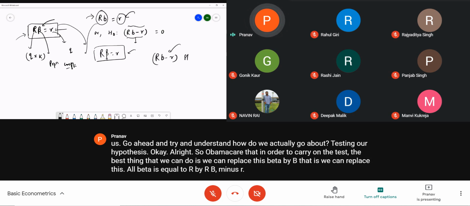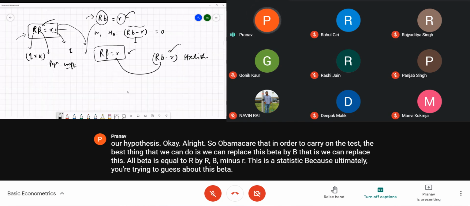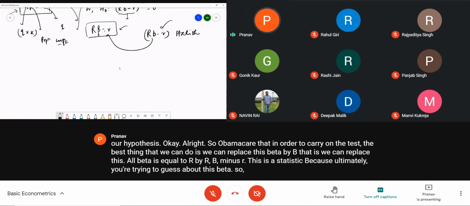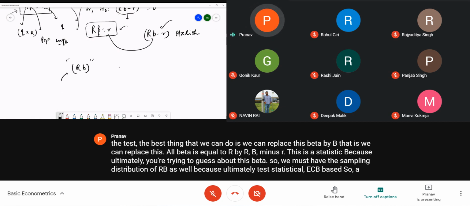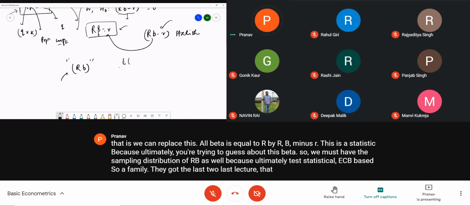This is a statistic because ultimately you're trying to guess about this beta. So we must have the sampling distribution of Rb as well, because ultimately मेरा जो test statistic है इसी पे based है. So अभी हमने देखा था last to last lecture that mean of b, the OLS estimator, is your beta.